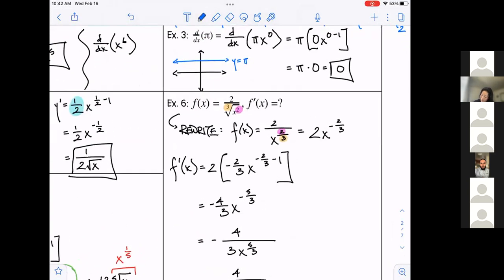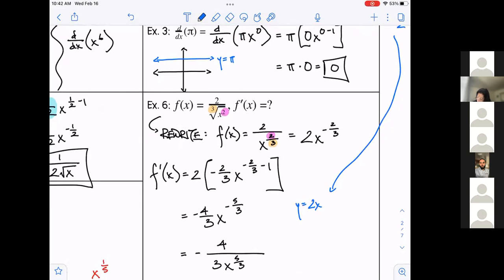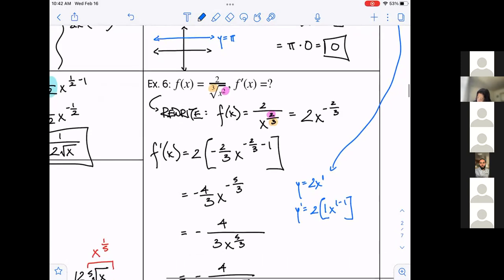Ah, okay. So that's actually a great question. Let me sort of finish this down here. If we had y equals 2x and we were to use the power rule, the power here is 1, right? So y prime would be 2 times 1 x to the 1 minus 1, which is 2. 2 times 1 is 2, x to the 0, which is 2.